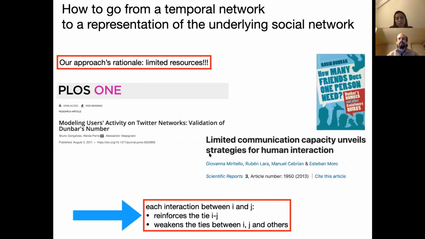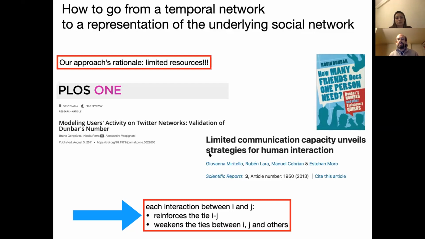on each other. So our approach is to propose such a representation, taking into account the fact that individuals have limited resources, like has been long known from the Dunbar number, which has been documented also in phone calls by the work by Militello and collaborators, on Twitter by Bruno Gonçalves and collaborators.